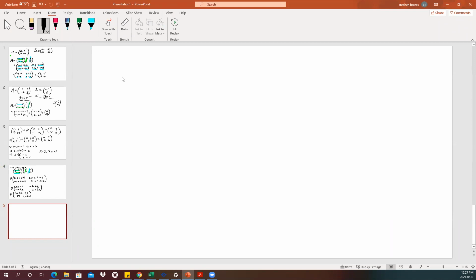Say you have 2x equal to 6, and we want to solve for x. So we divide both sides by 2, and we get x equal to 3.